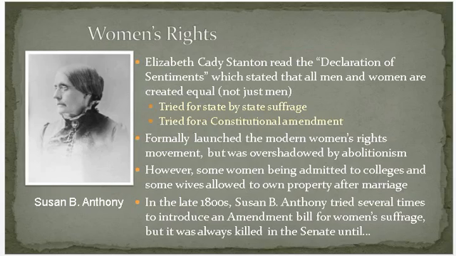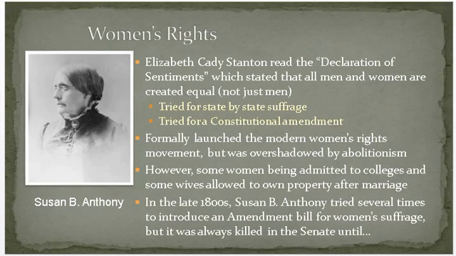Conference, Elizabeth Ann read that. They wrote it and made it look a lot like the Declaration of Independence. Instead of it just saying all men are created equal, it said men and women.